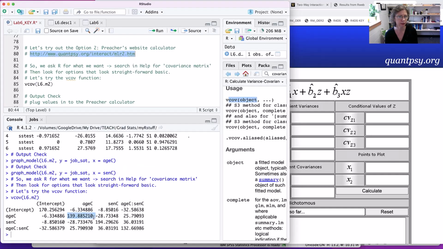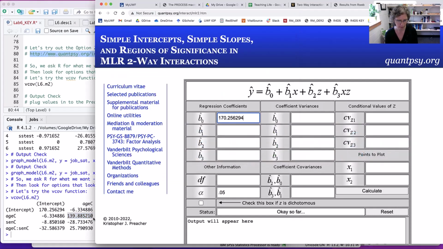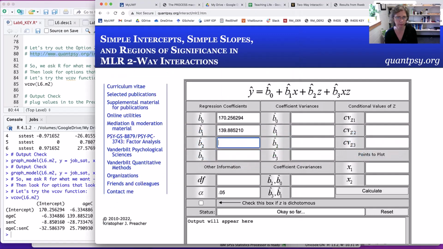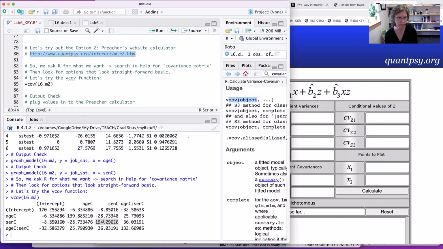For age variance, for seniority variance, seniority to seniority, that's the variance of the coefficient for seniority. And now I need the one for the interaction right there.